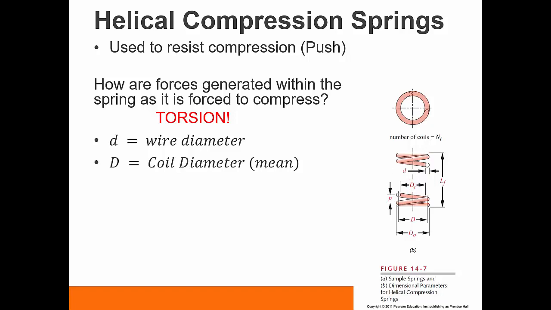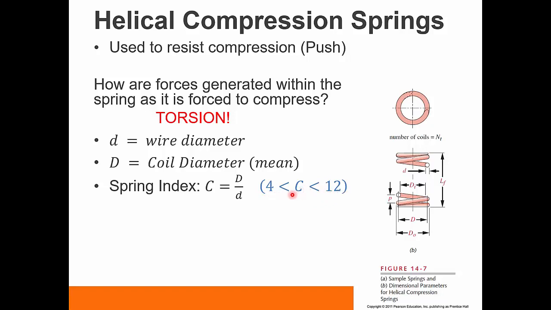This leads us to an important aspect of our spring design, called the spring index. The spring index is the ratio of the coil diameter to the wire diameter. In this class, we're going to say that the spring index needs to be between 4 and 12.